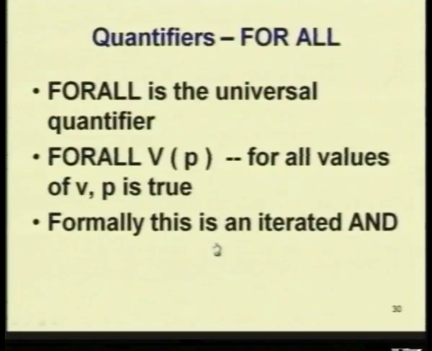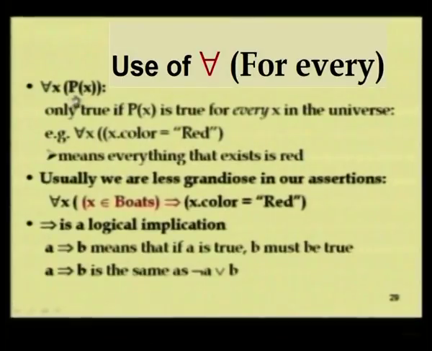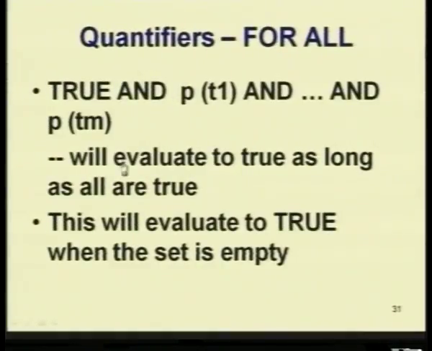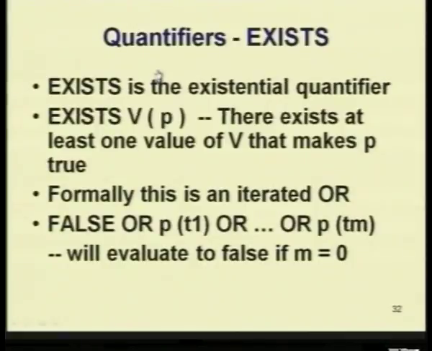So, let us go a little bit in detail about these quantifiers. As I already told you, the quantifier for all, that is this symbol, is called the universal quantifier, and it just says that for all values of v, P is true. This is also called an iterated AND, and it will evaluate to true as long as all are true. Now, the next quantifier is exists.